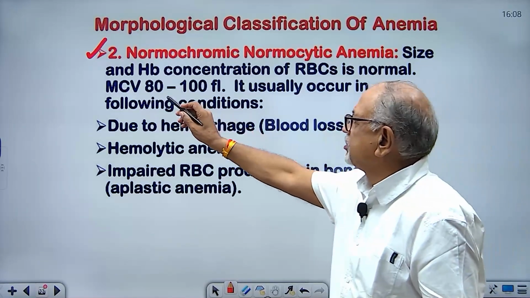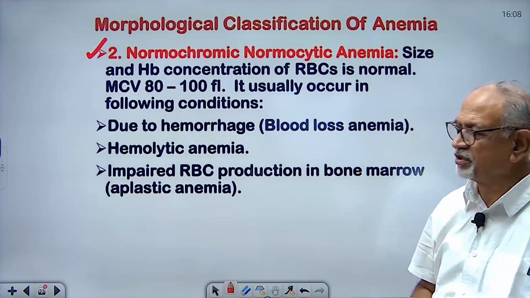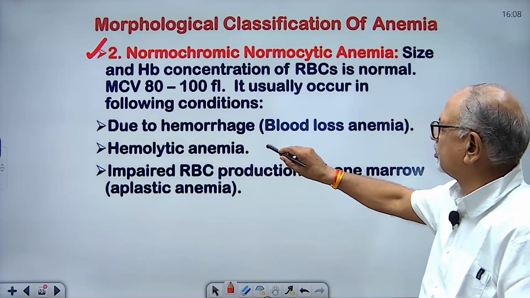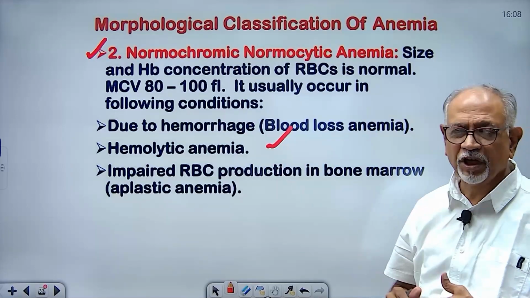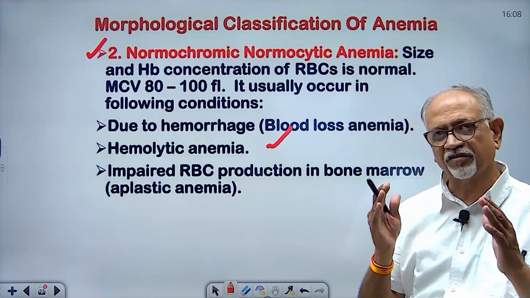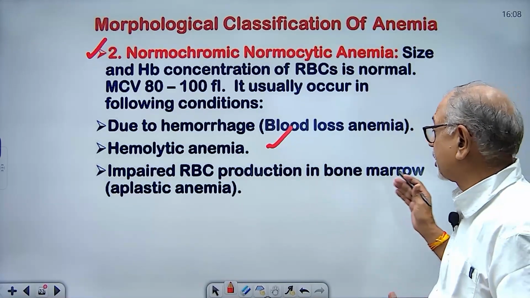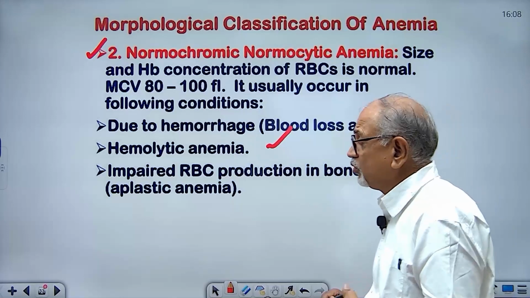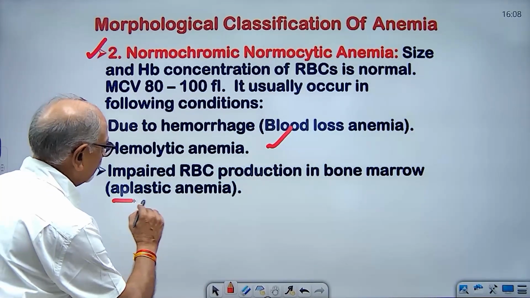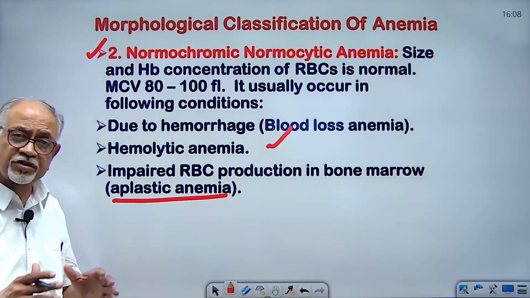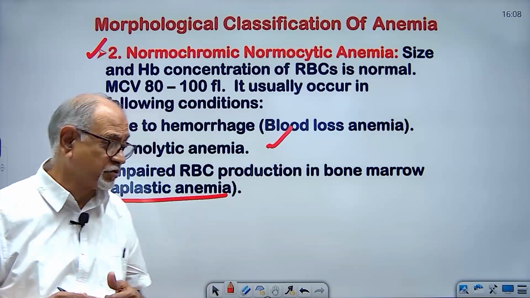Its size is 80 to 100 FL. It usually occurs in the following conditions. One is due to hemorrhage, if there is a lot of blood loss, hemolytic anemia, in case blood cells are destroyed in large numbers, in case of impaired production of RBCs in bone marrow, as we see in case of aplastic anemia, when in bone marrow the production of RBC and other cells is decreased.